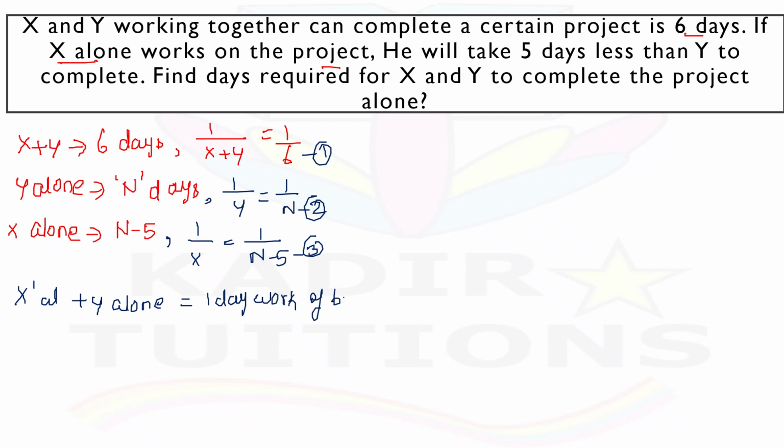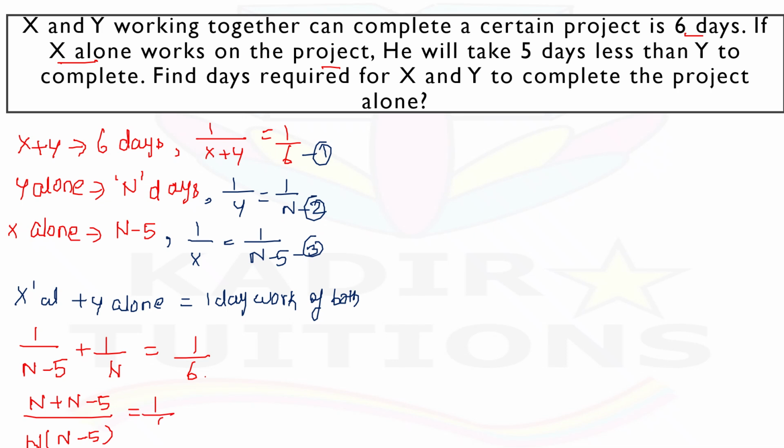So I can write this equation as 1 by n minus 5 plus 1 by n, which is equal to 1 by 6. So first we need to take an LCM, n into n minus 5. So here n plus n minus 5 over n into n minus 5 equal to 1 by 6. Now we can do the cross multiplication too.